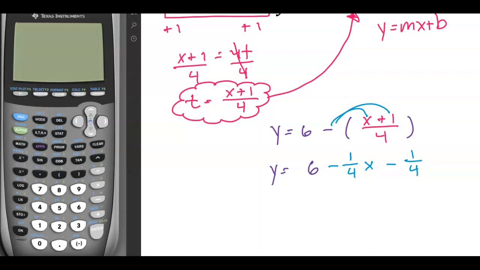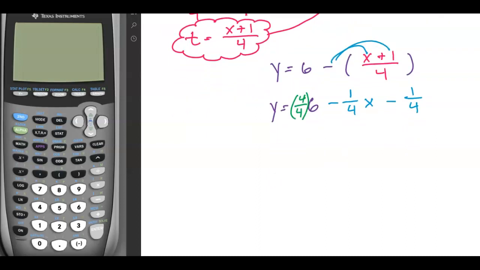Yeah, I need to combine the constants. But right now, can I immediately combine 6 and 1/4? You know what 6 minus 1/4 is in your head. Just boom. Yes. In your head, what you did was convert 6 into a fraction with a denominator of 4 by multiplying it by 4 over 4.